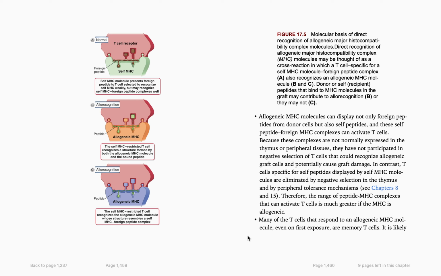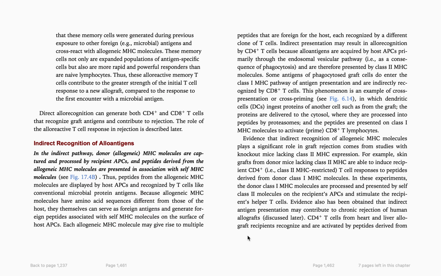Many of the T cells that respond to an allogenic MHC molecule, even on first exposure, are memory T cells. It is likely that these memory cells are generated during previous exposure to other foreign antigens, e.g. microbial antigen, and are cross-reactive with allogenic MHC molecule. These memory cells not only are an expanded population of antigen-specific cells, but also more rapid and powerful responders than a naive lymphocyte.